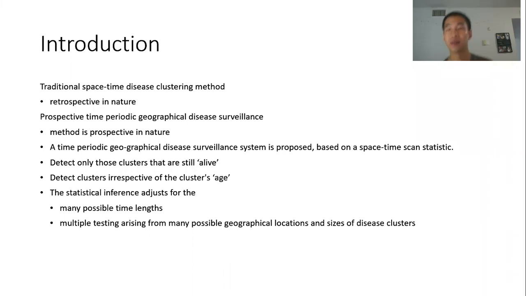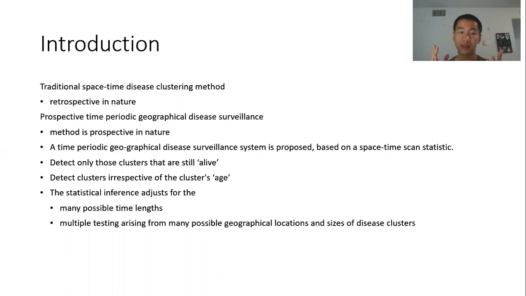Introduction. Traditional space-time disease clustering methods are retrospective in nature. However, in this paper, the author proposes a method that is prospective in nature. It is based on space-time scan statistics, which may still be unfamiliar to you, but we will see how we define it in a few slides.